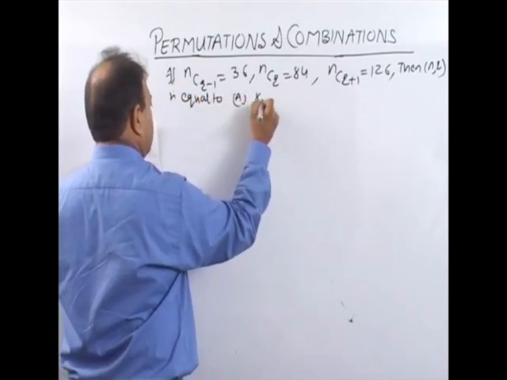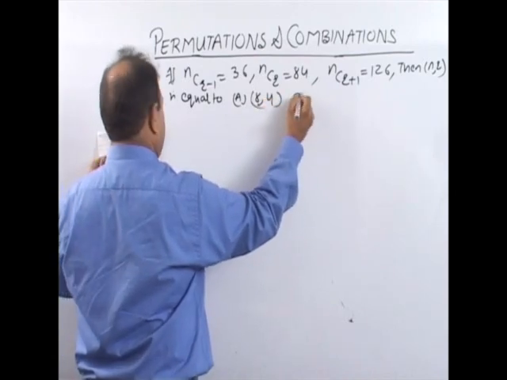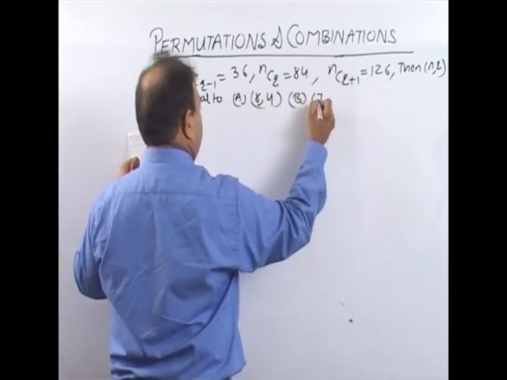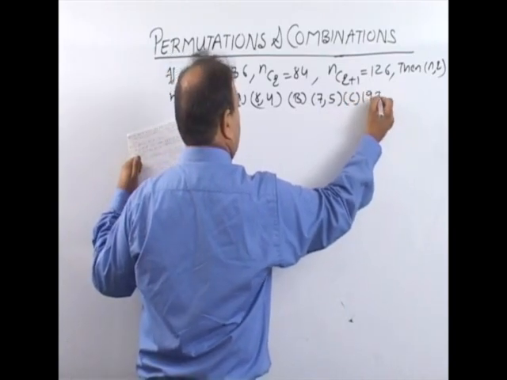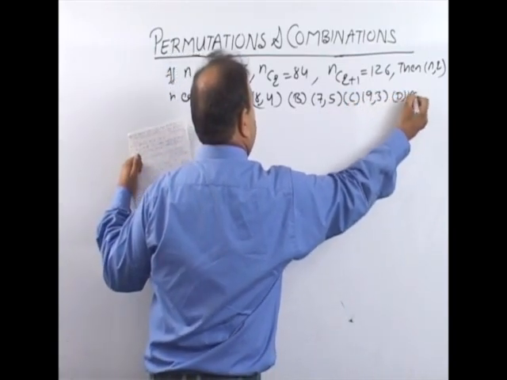A option is 8 comma 4, B option is 7 comma 5, C option is 9 comma 3, D option is none.